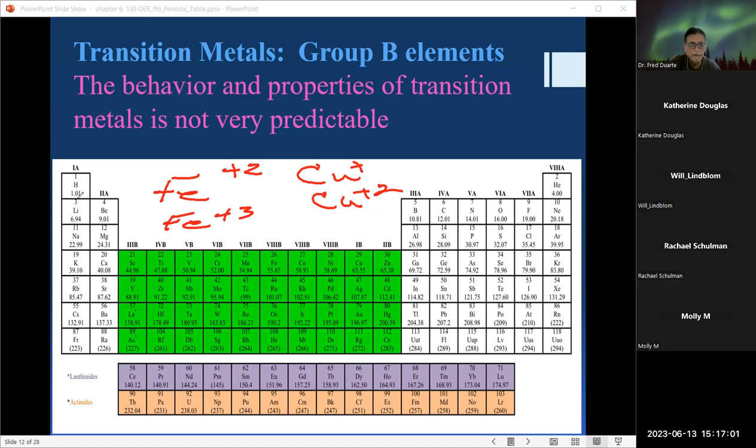With respect to these other ones, the big takeaway is this: group 1A will always have a +1 charge all the time. The next group will always have a +2 charge. And then this group in here will have a +3 charge.